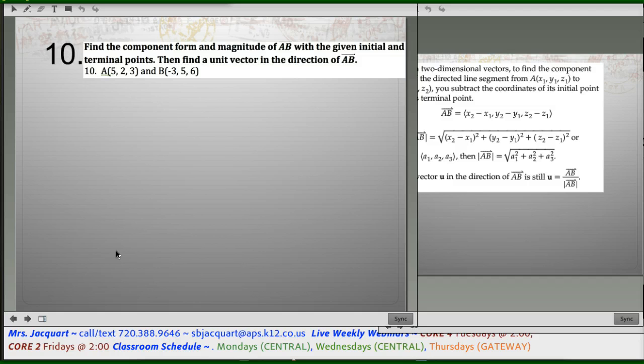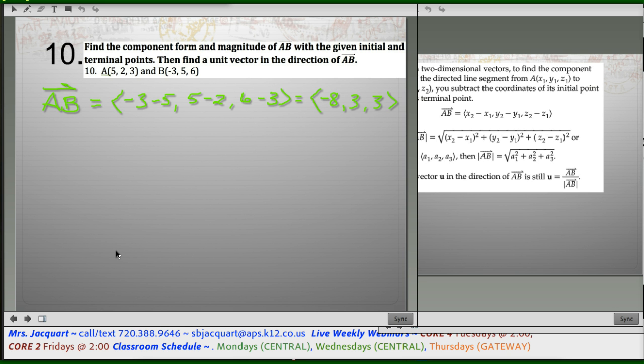So the component form of AB is B minus A: negative 3 minus 5, 5 minus 2, 6 minus 3. And the component form will be negative 8, 3, 3. Bingo.